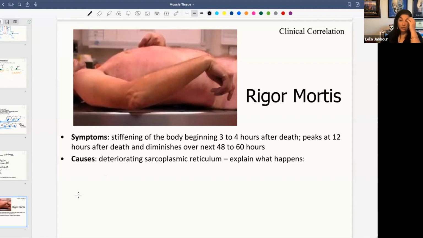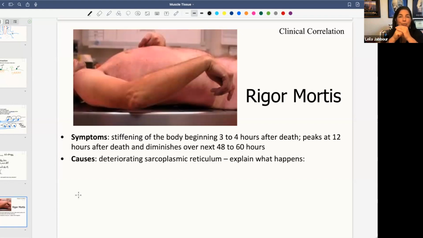So here, rigor mortis can be understood if you understand the basics of muscle contraction. And that's why it's so nice to know normal anatomy, normal physiology. When something doesn't work the way it's supposed to, the result is seeing the disorder or condition.